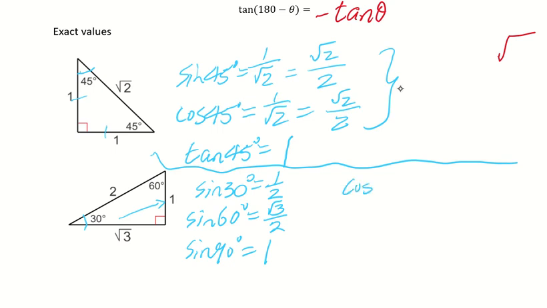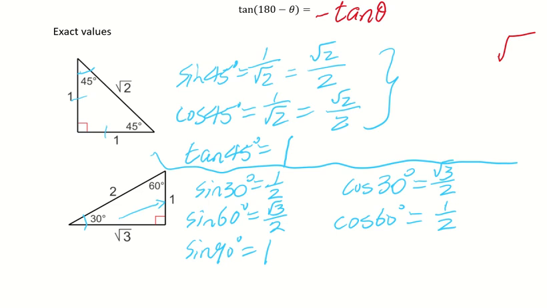Now cos 30 is adjacent over hypotenuse, which is root 3 on 2. Cos 60 is adjacent over hypotenuse. Now, I would ask you guys to compare what you've noticed.